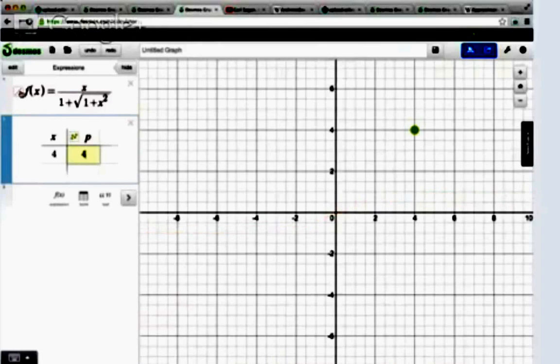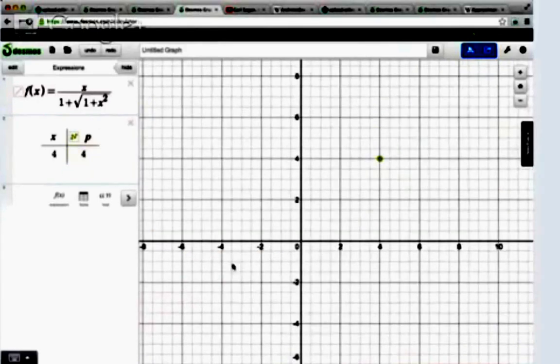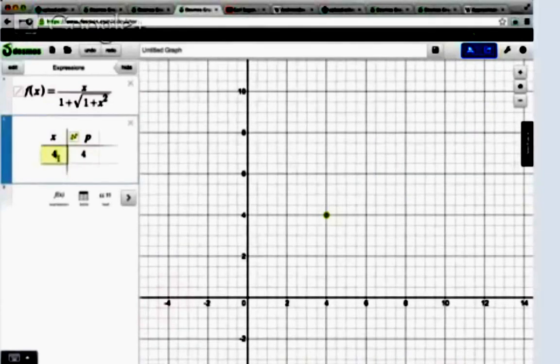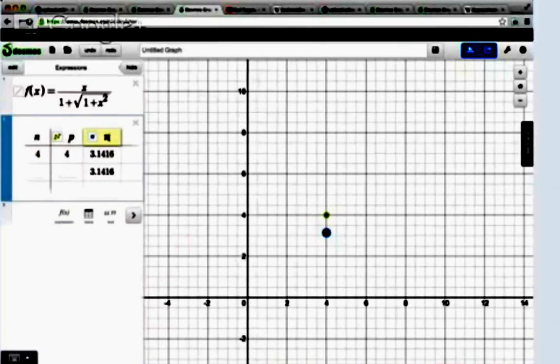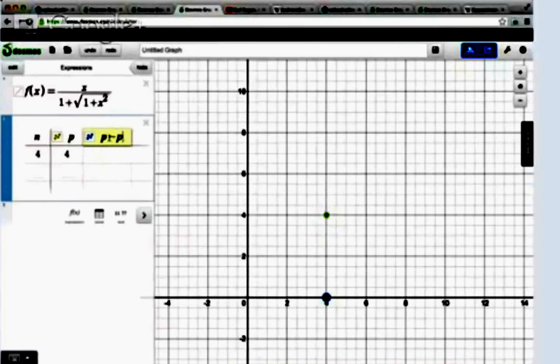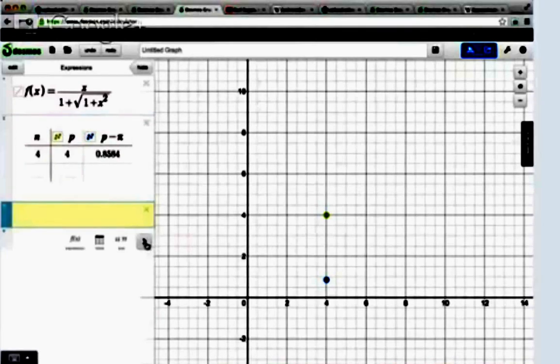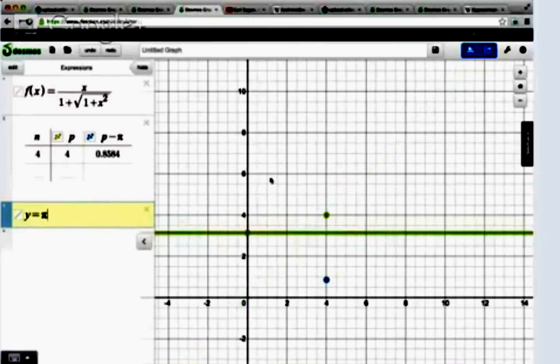And I'm going to go ahead and hide f of x there because we need it as a function, not a graph. Now, let's just call this n because it's how many sides we have. And I'll add one more column for p minus pi. All right. And just so we know how well we're doing, let's add the line y equals pi.